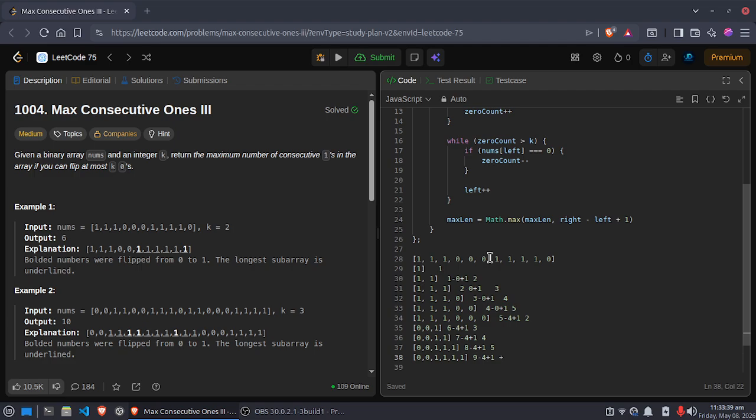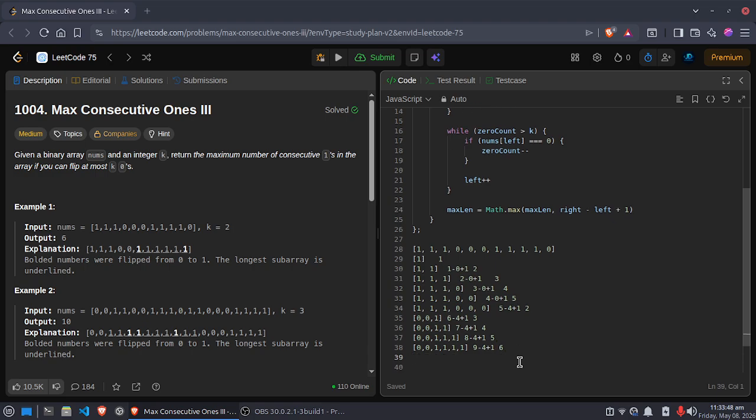So I have reached this position, means this is covered. Now again this time a 0 comes here. So let's see 0 0 1 1 1 1 and 0. Now this time zero count again exceeds the limit, 3 is greater than 2, that is true.